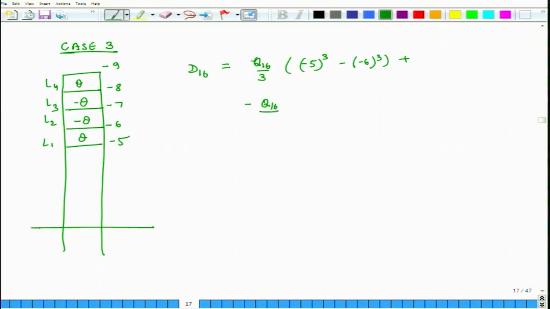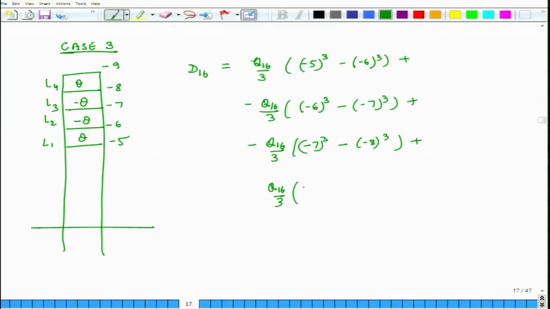So, Q16 will be negative of this times, so for layer L2 it is minus 6 cube minus minus 7 cube plus minus Q16 bar by 3 minus 7 cube minus minus 6 cube, oh I am sorry, this is 8, plus Q16 bar by 3 minus 8 cube minus minus 9 cube.